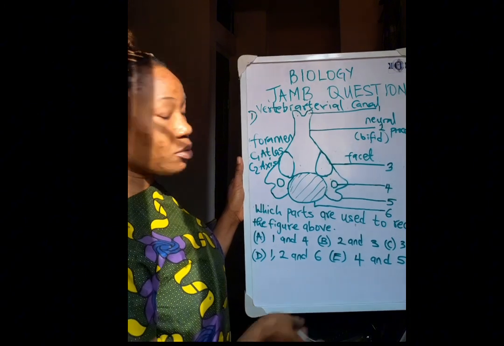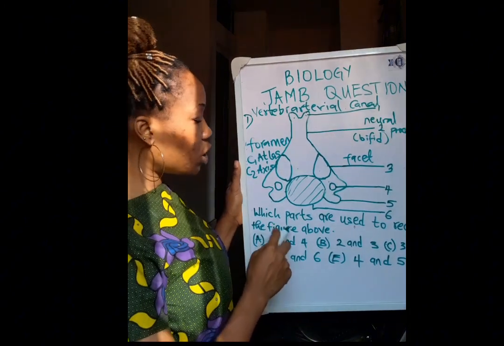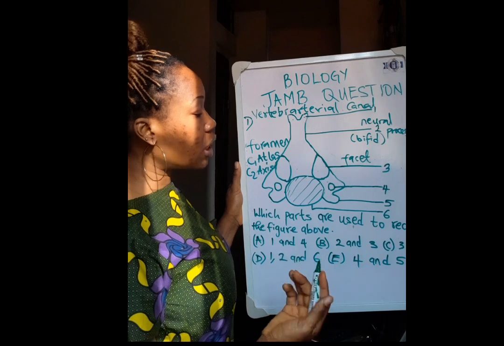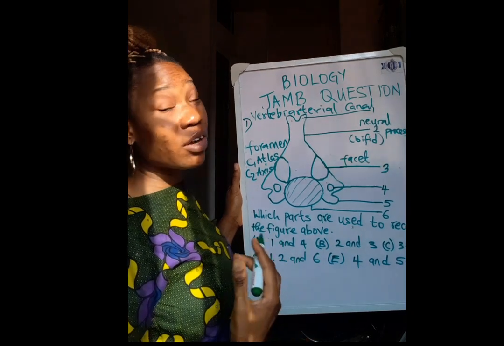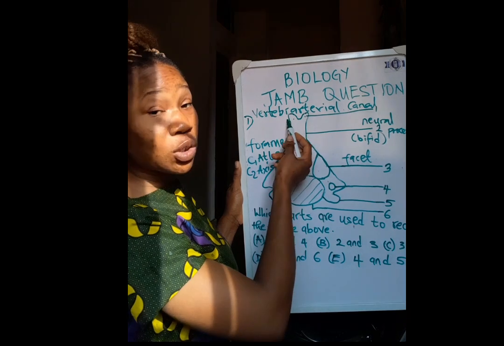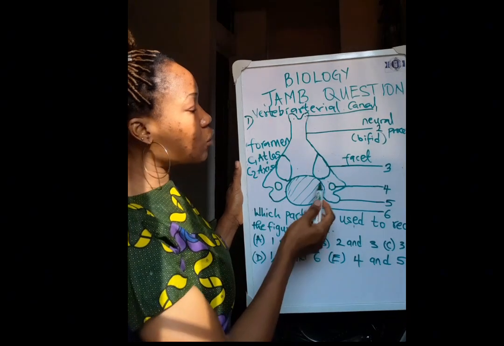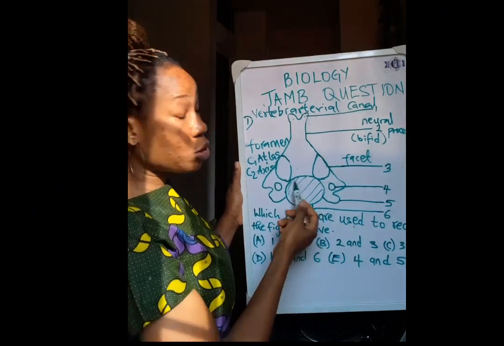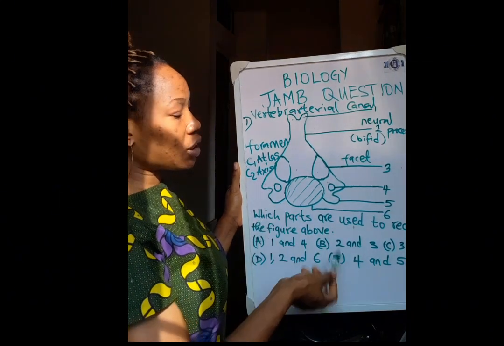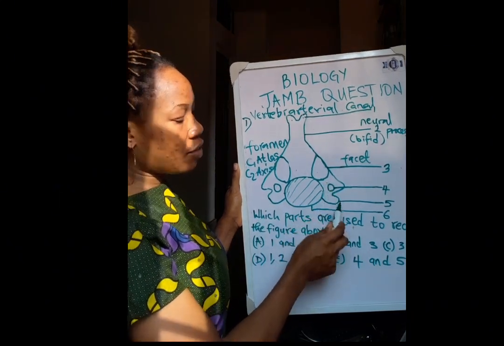So, back to the question, which says: which part is used to recognize the figure above? Because you know that every other typical cervical or every other vertebra must have the neural process, but it will not have this bifid. It will have the facet, it will have the centrum or the solid piece of bone, the body, it will have the transverse process, but it will not have this 4 and 5.